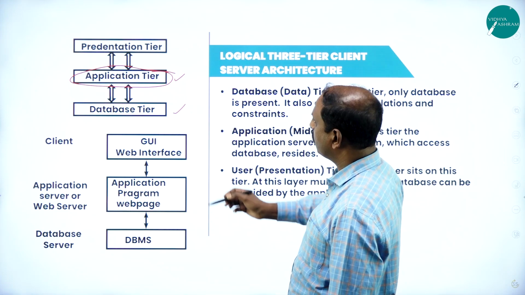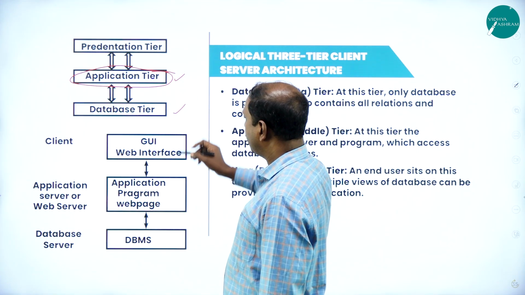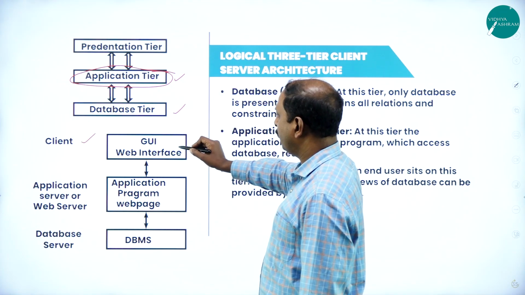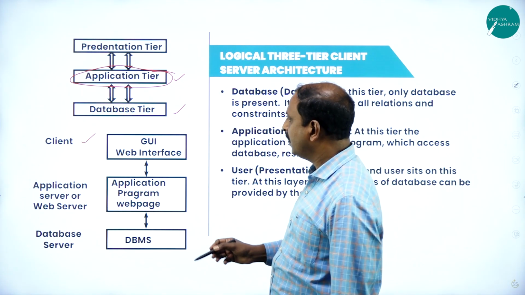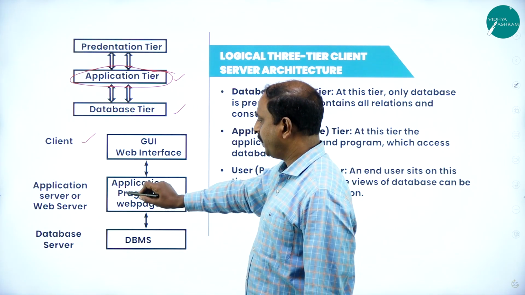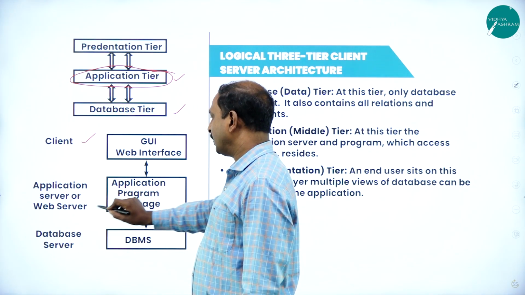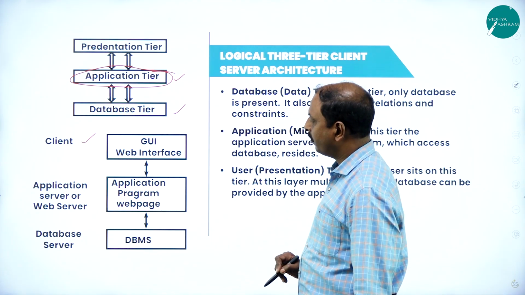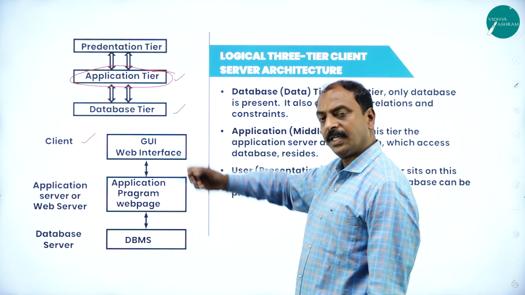Clients generally will be in the presentation layer or tier, and in between we have the application program or web page and application server or web server, and here we have the database server. So we can make out three different tiers.